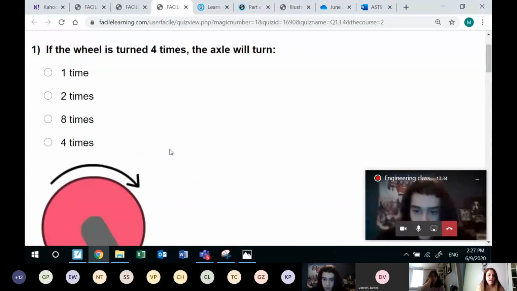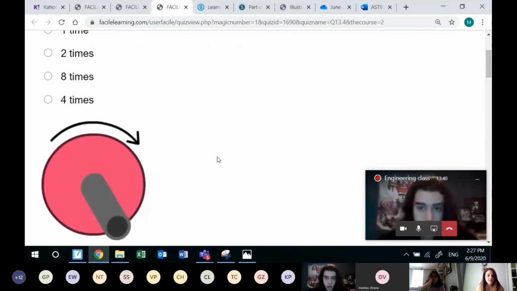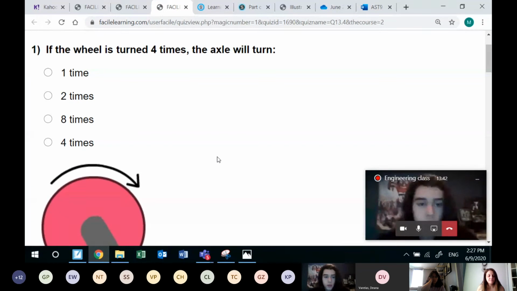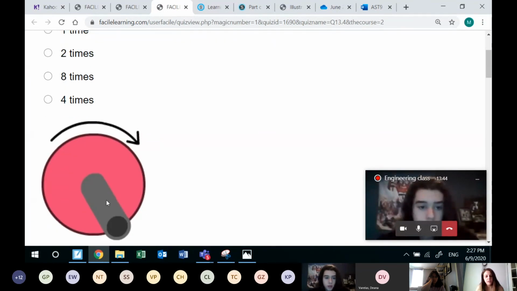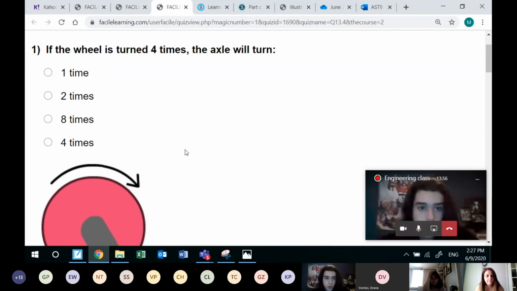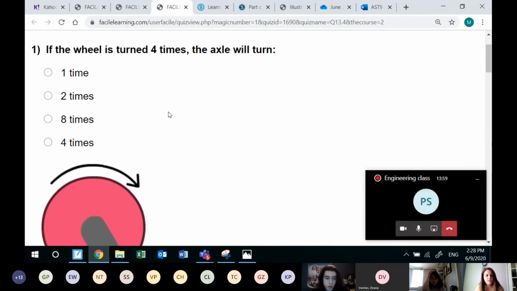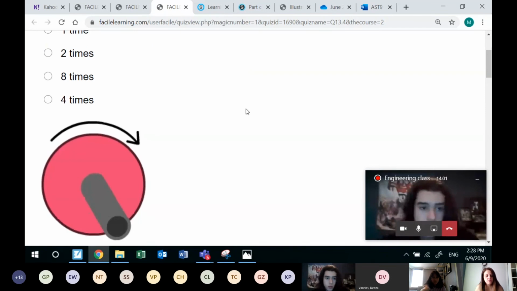Look, it says here, if the wheel is turned 4 times, the axle will turn how many times, you think? Look at the axle, it is way smaller. So how many times do you think? Let's see your answers. If the wheel is turned 4 times, the axle will turn.